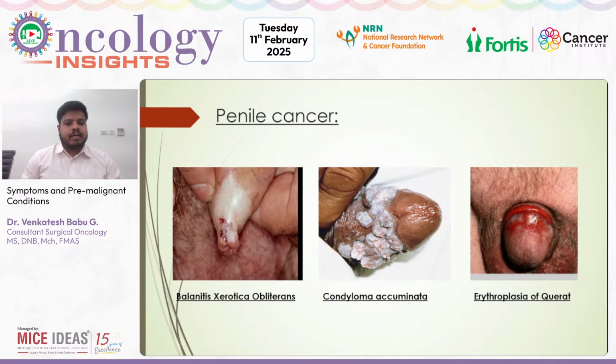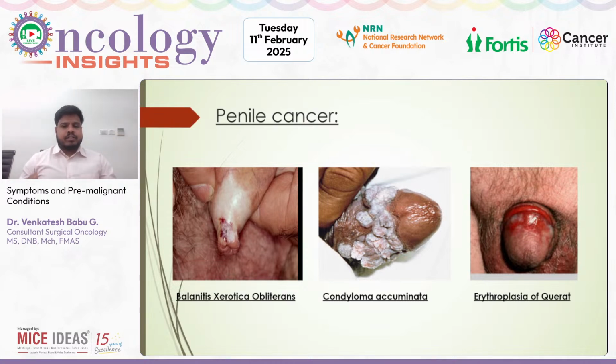The HPV related ones can be condyloma acuminata, Bowen's disease, and erythroplasia of Queyrat. And usually erythroplasia of Queyrat and Bowen's disease can be clubbed under carcinoma in situ.